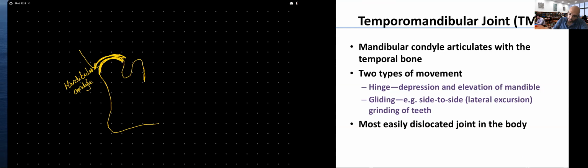What movements do I have in here? I have a hinge movement that takes place, hinge movement, that allows the depression and elevation of the mandible. Also, I have a short gliding motion that will allow me to move my mandible from side to side.